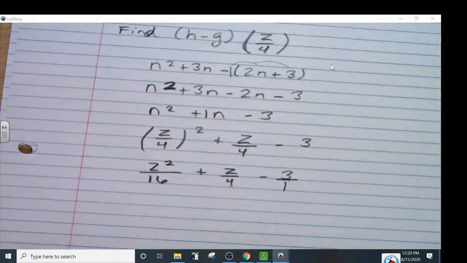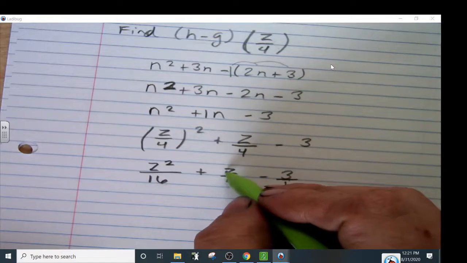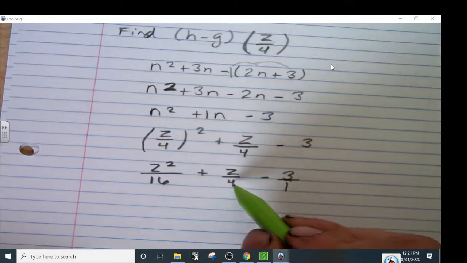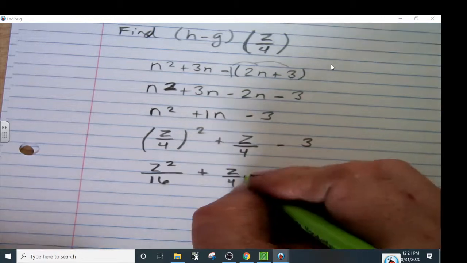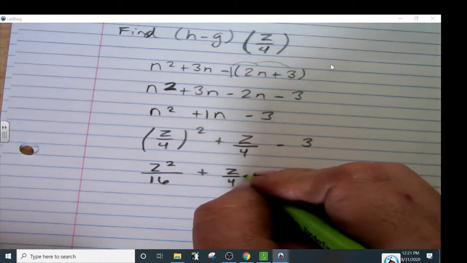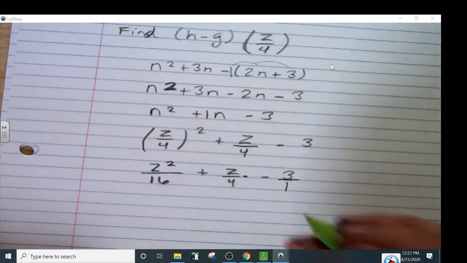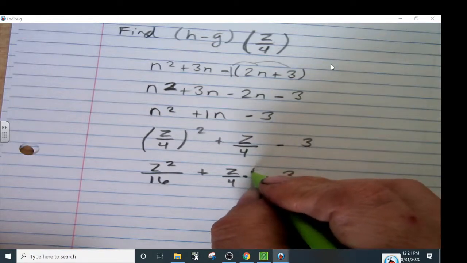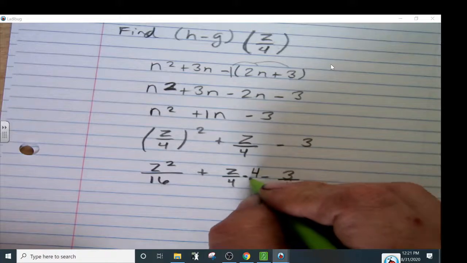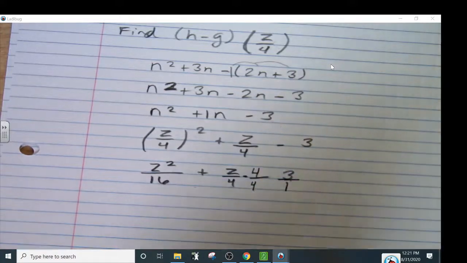Does everybody see that? Now, so what I do is I come out here and think about what do I have to multiply my denominator by to make it 16. All right? So, guys, what times 4 gives me 16? 4, right? Multiply top and bottom by 4.